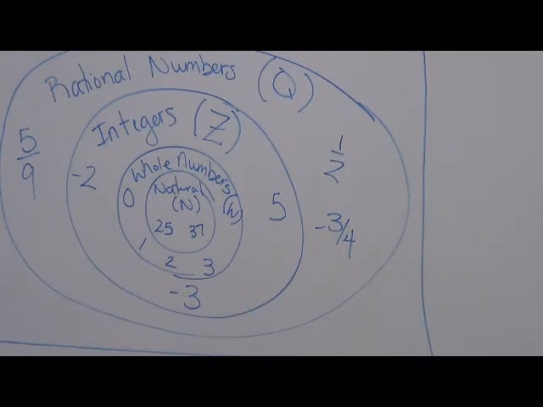The easiest way I can think of to say this would be fruit. Let's say rational numbers would just be all fruit. And then integers would be just your citrus fruits. So those would include your pineapples, oranges, lemons, limes, grapefruit, all of those things. So the big group there is fruit. Then you classify it a little bit more and you go down to citrus fruit.